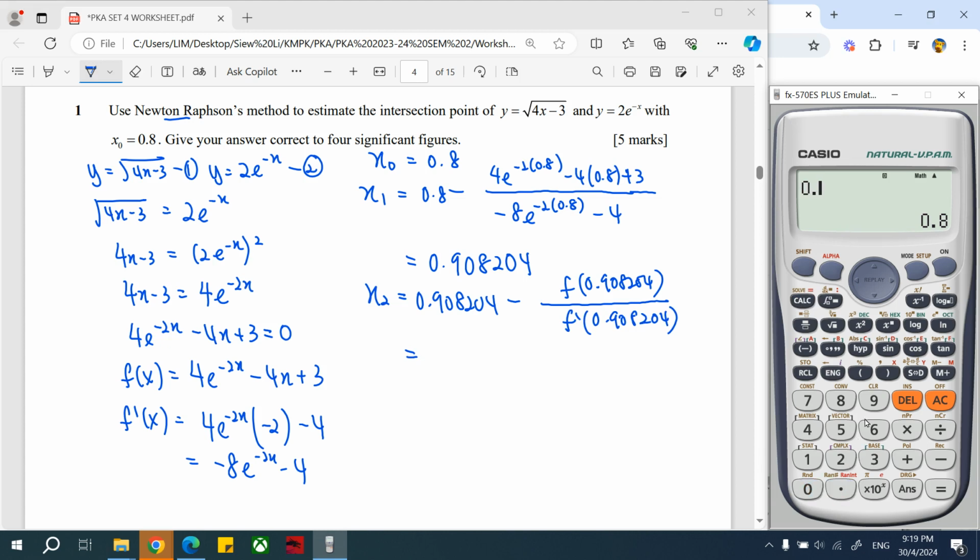Then press your calculator. So when we round off, it will become x2. Then x3, we will repeat this process until we get a repeated x value.